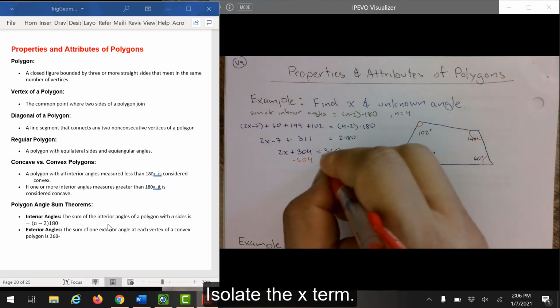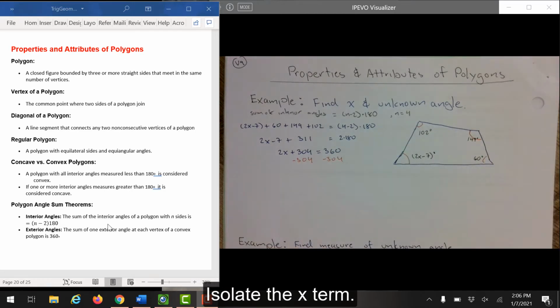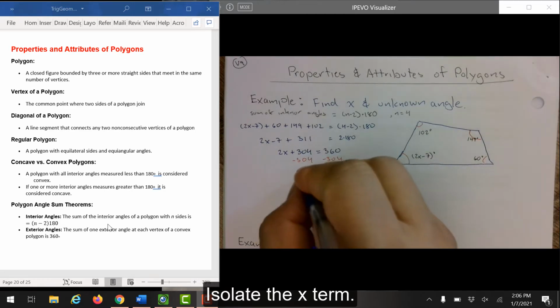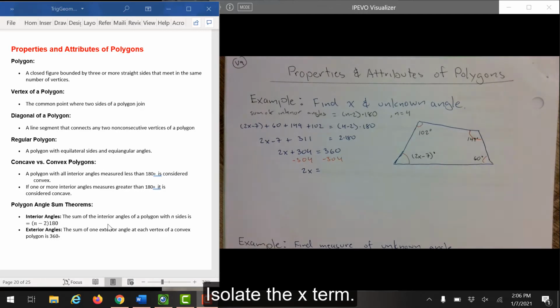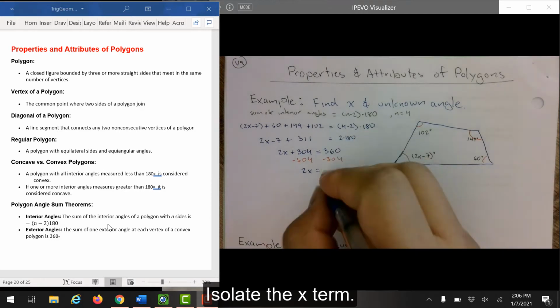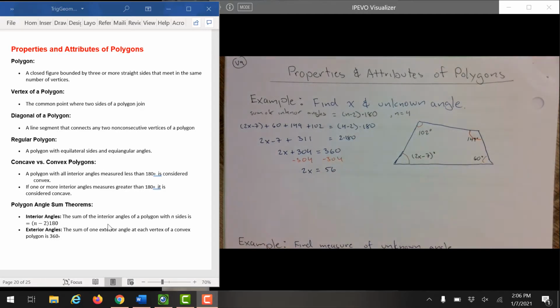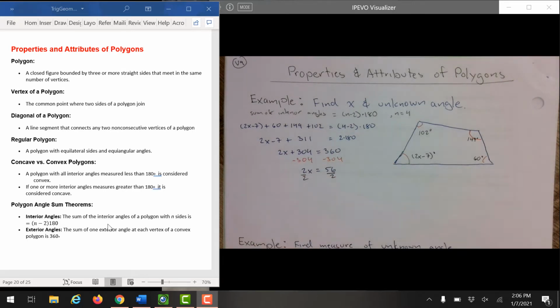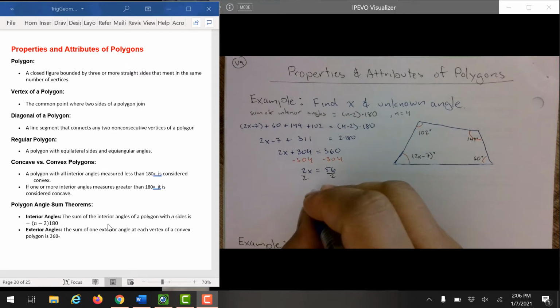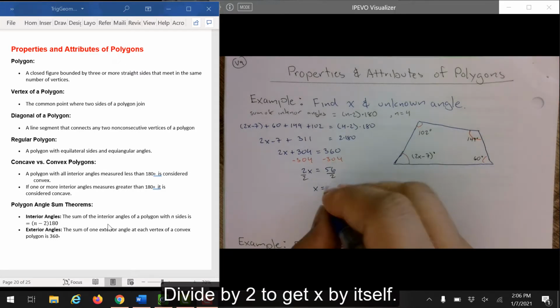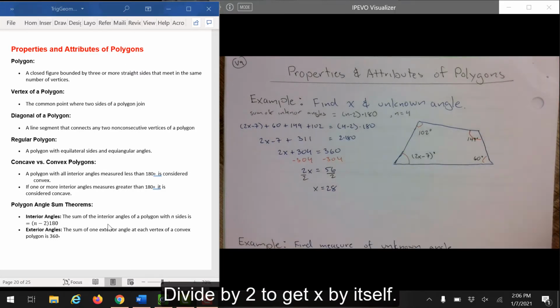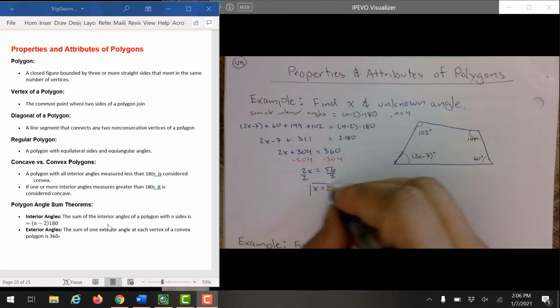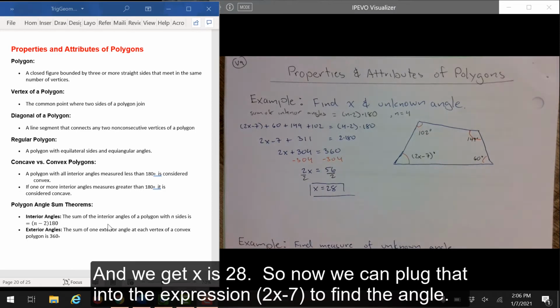Isolate the x term. Divide by 2 to get x by itself. And we get x is 28.